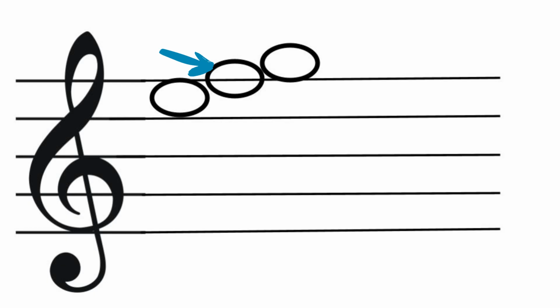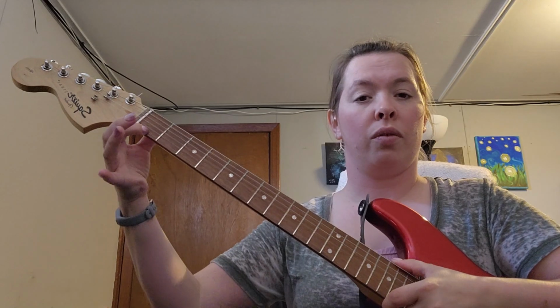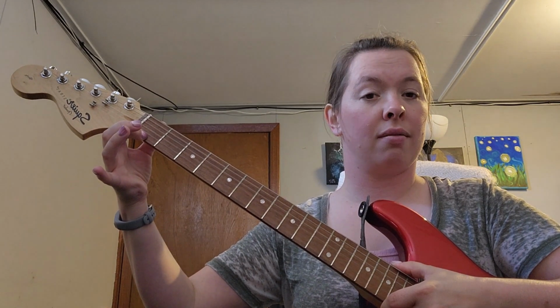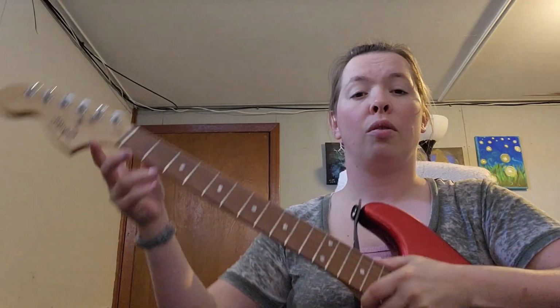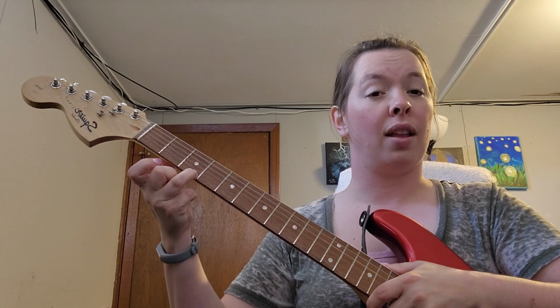F, top space of the treble clef, first fret, first string. G, above the top line, kissing the top line of the treble clef. High G, first string, third fret. Those are typically the first 3 notes you'll learn on the treble clef.